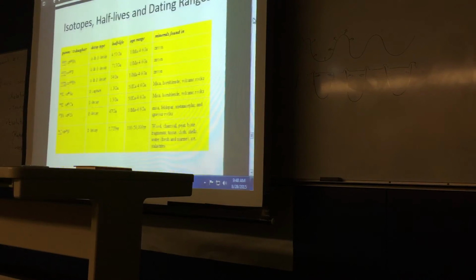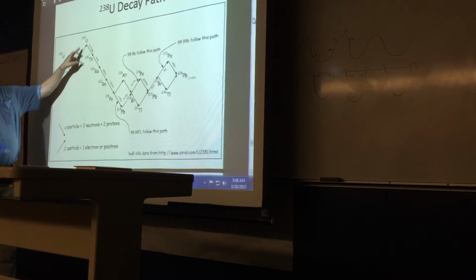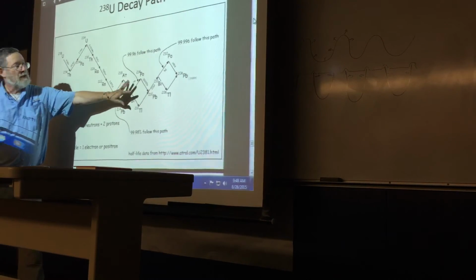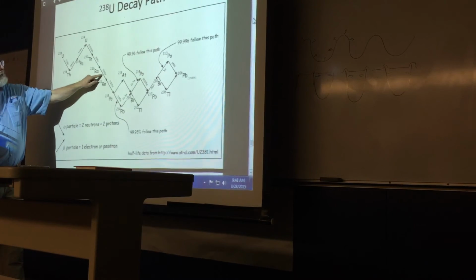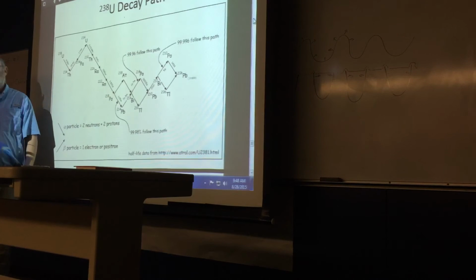And I have here a decay path. This is the U-238 decay path. And so you have steps here of alpha particle emissions, beta particles. So we have alpha step, beta, beta, alpha, alpha, alpha, alpha. We diverge here, we can diverge there. And then I have the half-life for those steps.